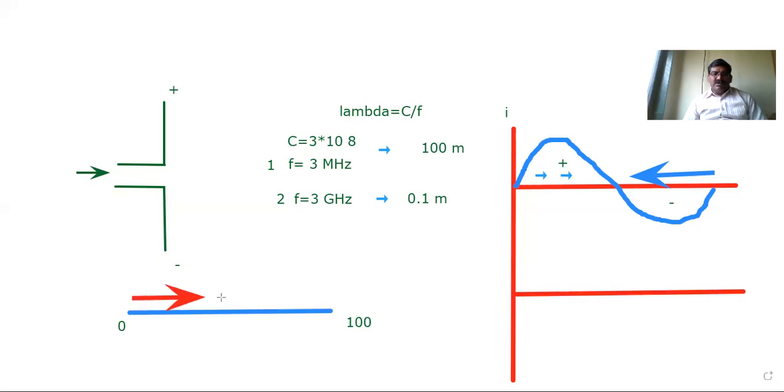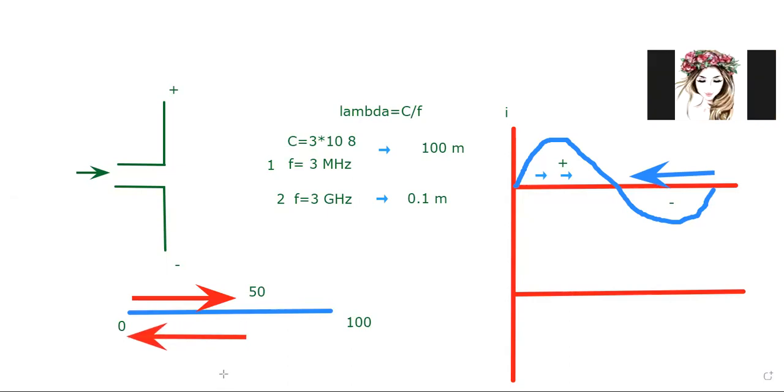Here I'll write 50 meter. I'm explaining about the lambda. Till the 50 meter it goes forward. After that, from the 50 meter it comes back in the reverse direction. So 50 meter it goes forward, 50 meter it comes back.